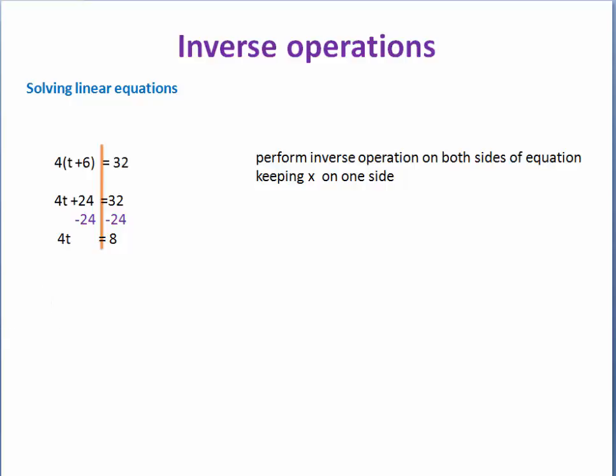So 4t equals 8. Now this is 4 multiplied by t, remember, and the opposite of multiplication is division. So we've got to divide by 4 on both sides of the equation. If we do it on one side, we do it on the other. So 4t divided by 4 is t. 8 divided by 4 is 2. t equals 2.